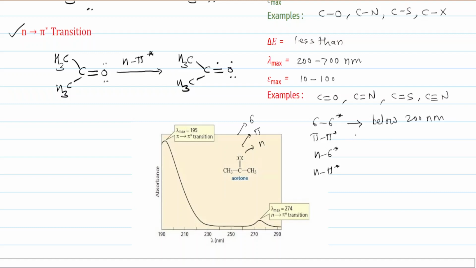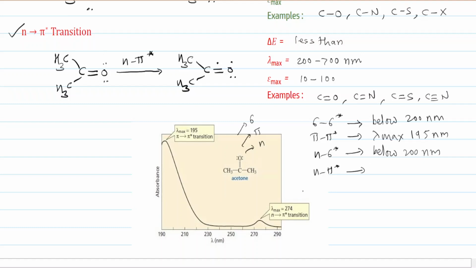This pi to pi star transition is observed at a lambda max, that is 195 nanometer, which is showing here, and it is having more intensity, that is epsilon max is very high. Then n to sigma star transition, it is below 200, around 150. So I will write here below 200 nanometer.